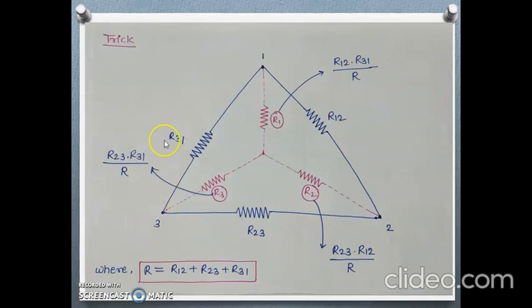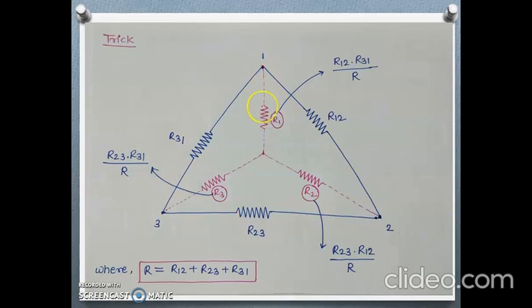Now, how to remember this trick? Here, this delta network is given to us, and we want its equivalent star. Then how to remember?